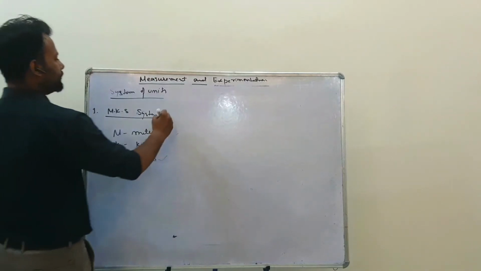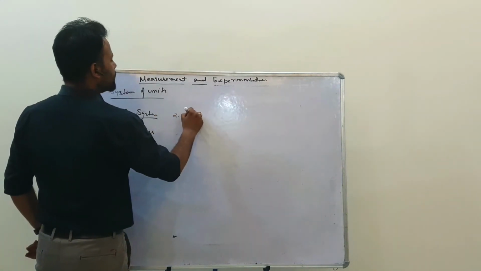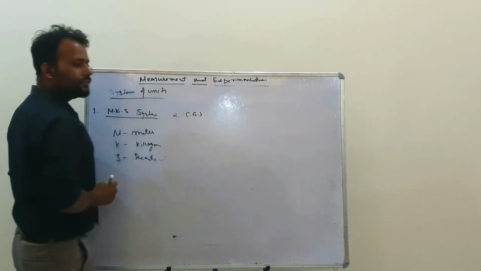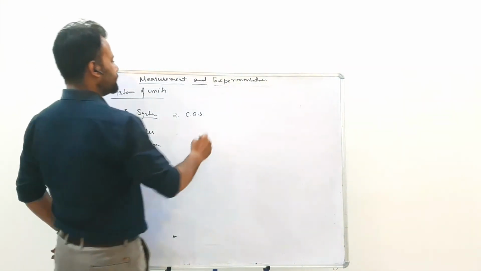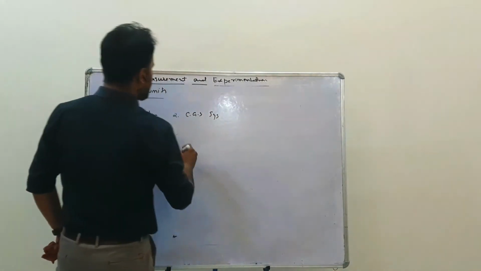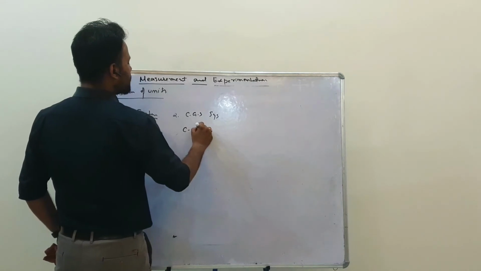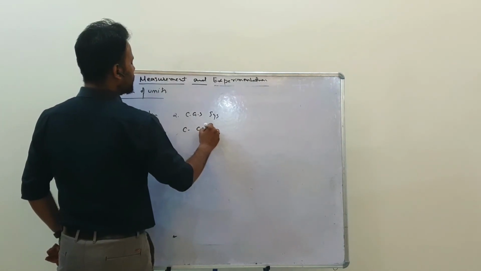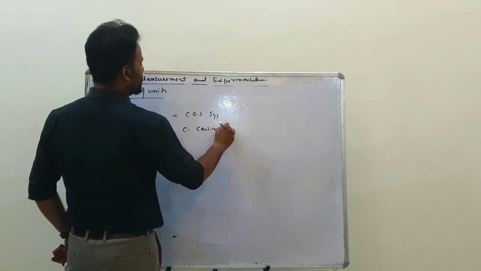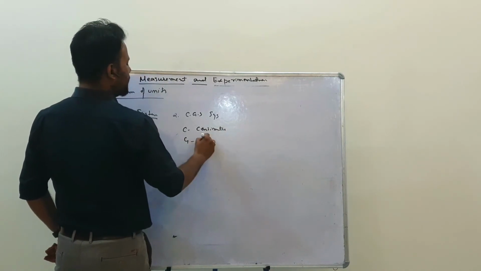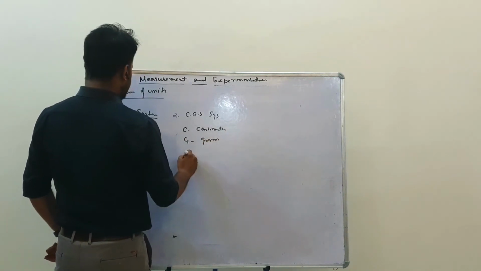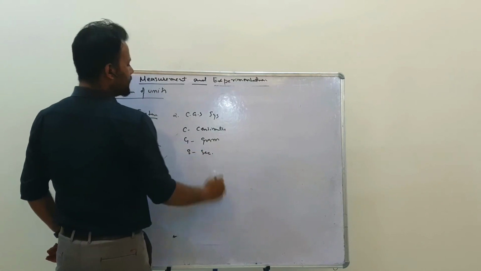Second, we have the CGS system. Now, what is the CGS system? In this, C means centimeter, G means gram, and S means second.